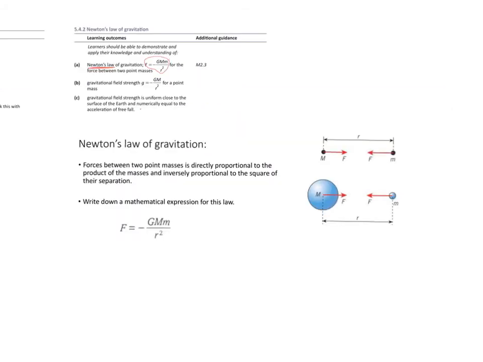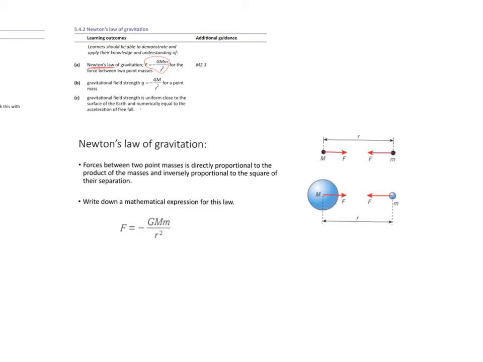So Newton's law of gravitation is used to describe the forces acting between any objects that have mass. It's a very fundamental law, and we use it for a lot of things, including analyzing planetary motion, and we will see that in later chapters.